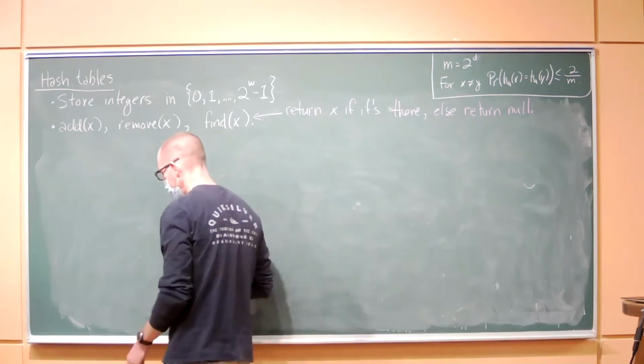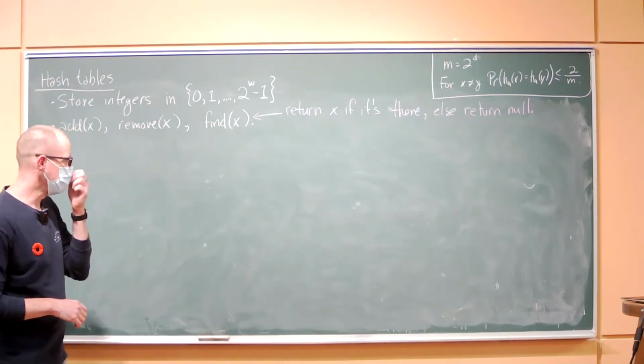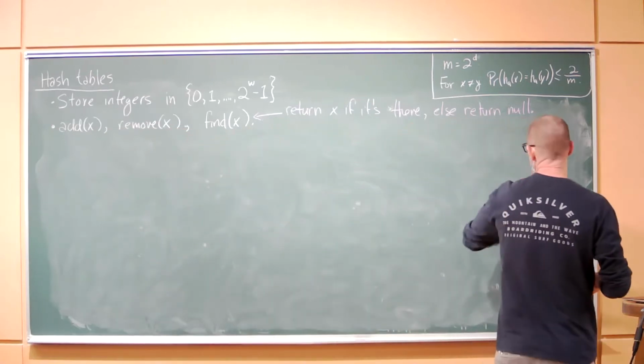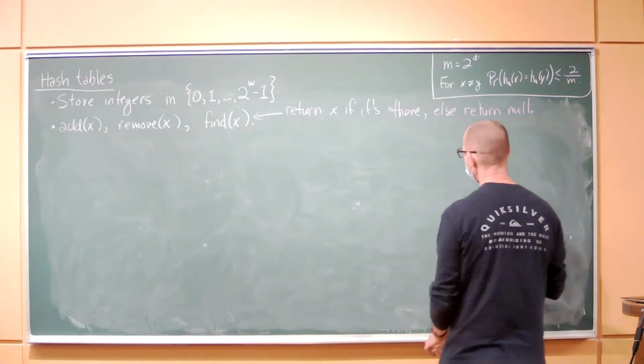Okay, so let's see how we can use this to do, let's say, the most basic kind of hash table, which is the following.